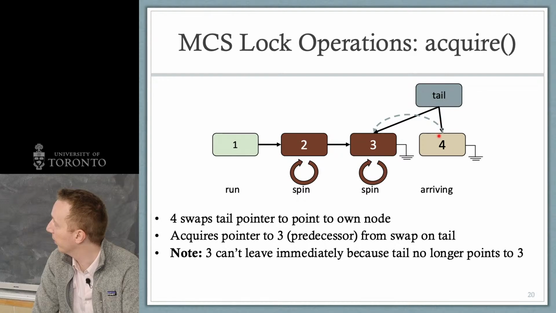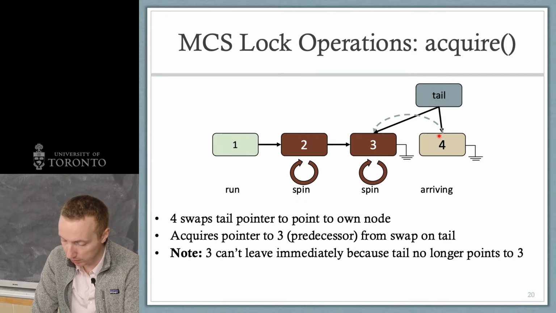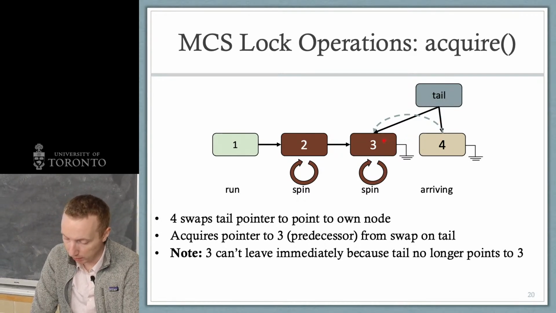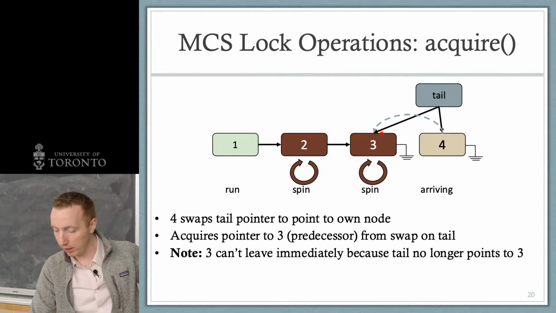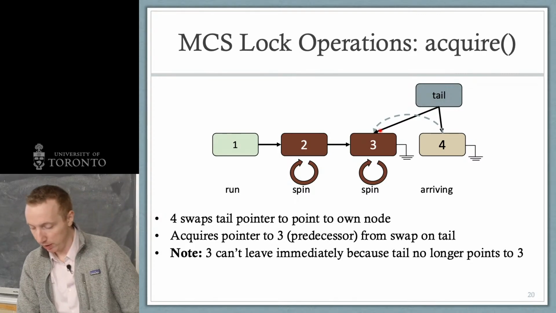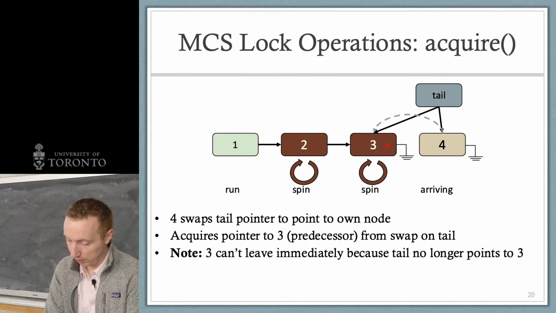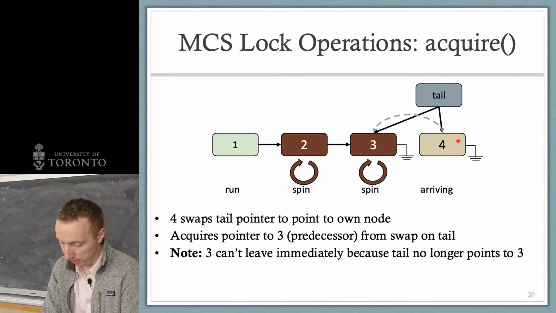So it changes this atomically to its own node. And then it's going to have a pointer to thread 3 from the swap. And then it would have to change 3's next node to itself immediately.